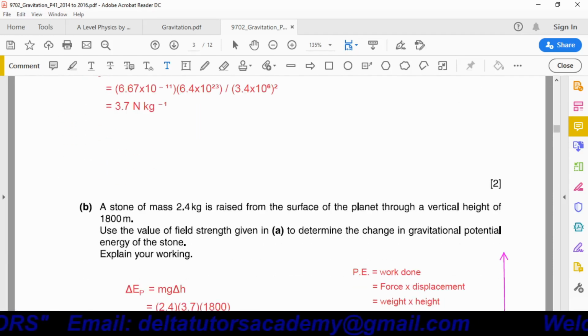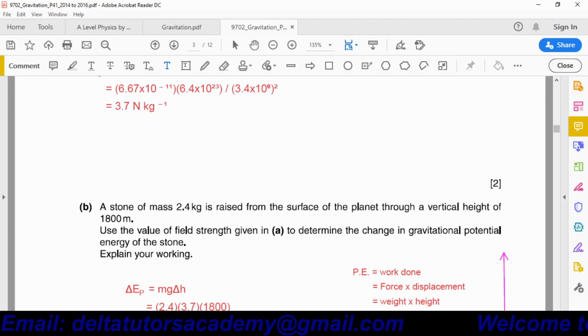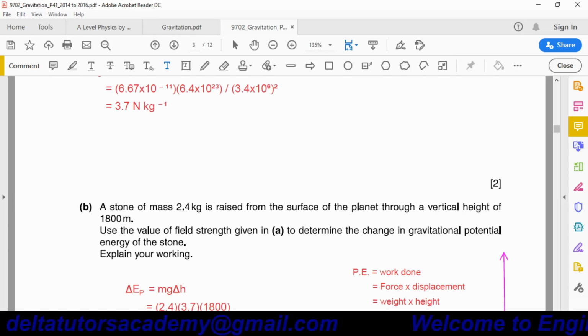Next part: a stone of mass 2.4 kg is raised from the surface of a planet through a vertical height of 1800 meters. Use the value of field strength given in part A to determine the change in gravitational potential energy of the stone. Explain your working.